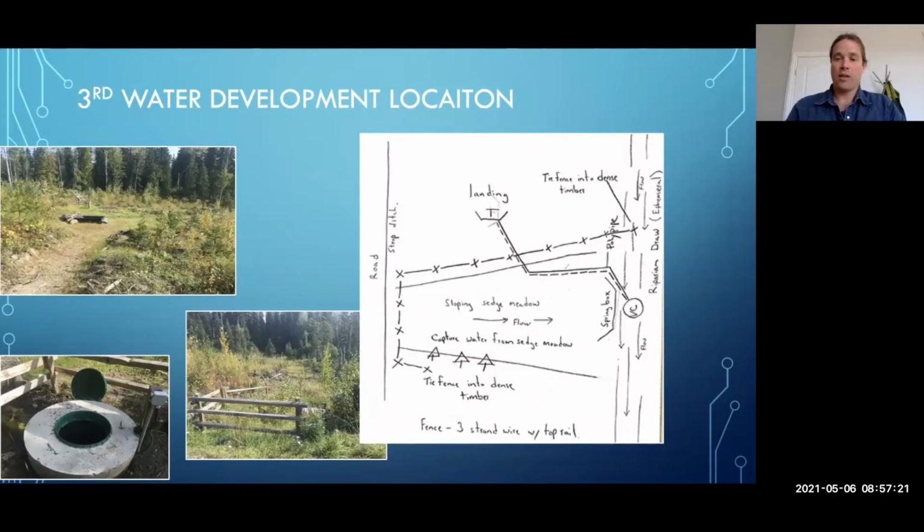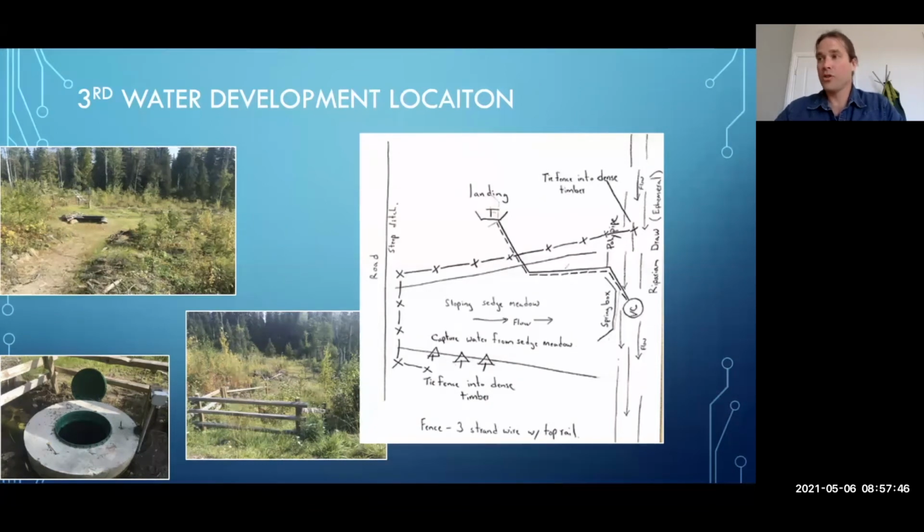There's some wildlife friendly fencing put around the edge, just barbed wire with a top rail. The other thing with this meadow is there's water hemlock identified within it, which is a poisonous plant for livestock. This also provides some assurance that they're not going to get in there if they're drawn to the water source. So that was another design consideration.